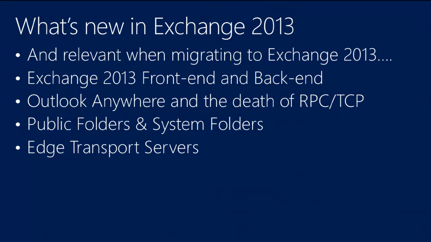So they didn't deploy it until now. If you're going to migrate to 2013, you need to deploy Outlook Anywhere. Outlook Anywhere is the only way of connecting with your clients in 2013. So there's no direct MAPI or RPC over TCP. Your client connectivity is Outlook Anywhere now.